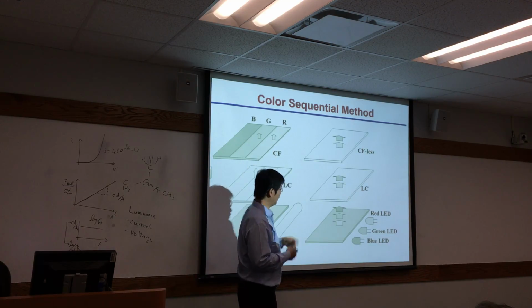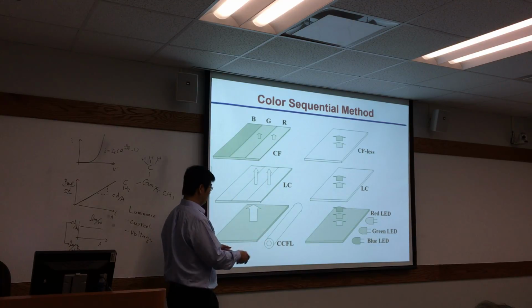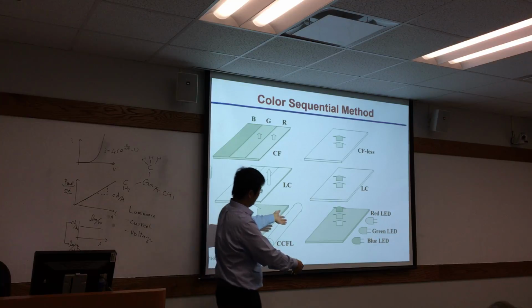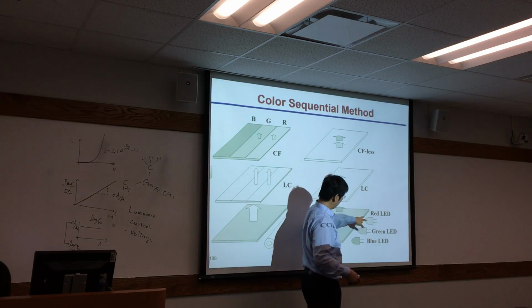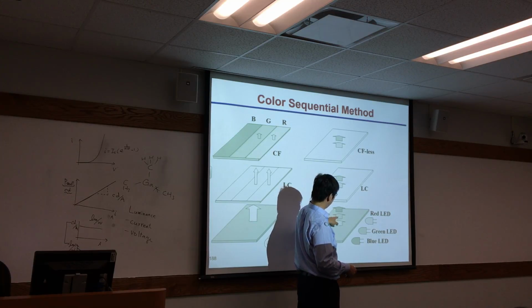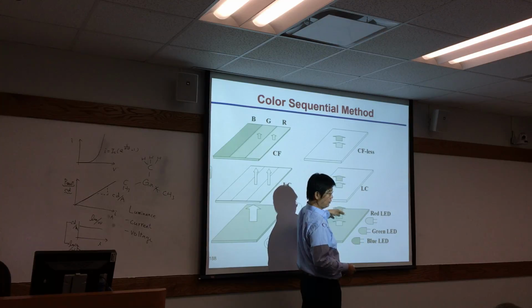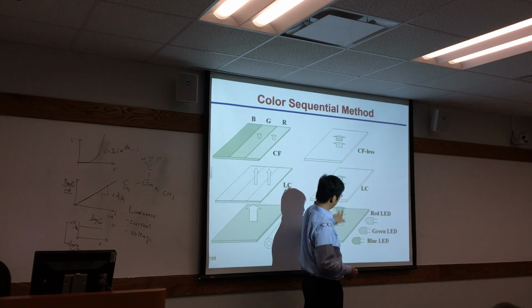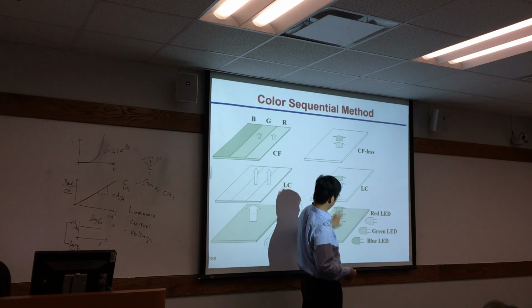On the other hand, if we have red, green, blue separate, instead of white light, we have blue, then green, then red. So after passing through the liquid crystal, it's the time scale. So the first one is blue, the second one is green, the third one is red.